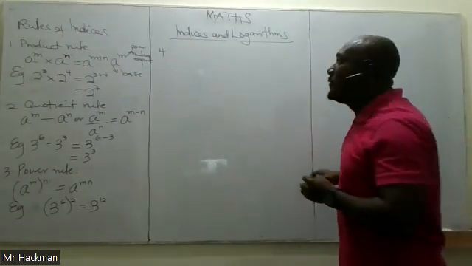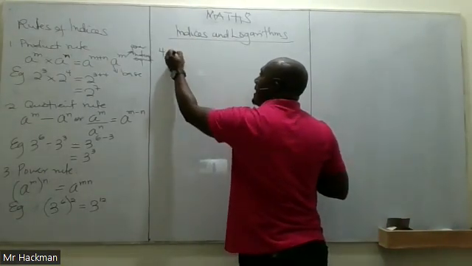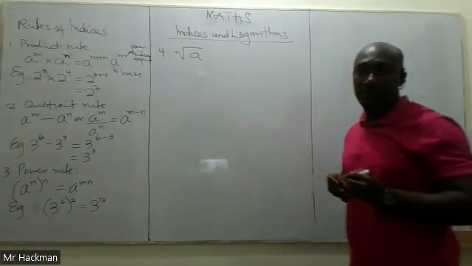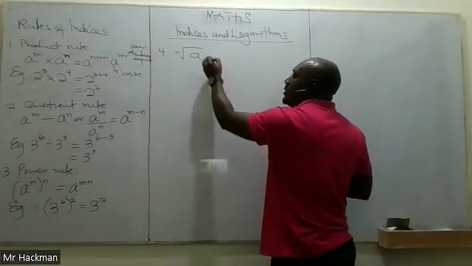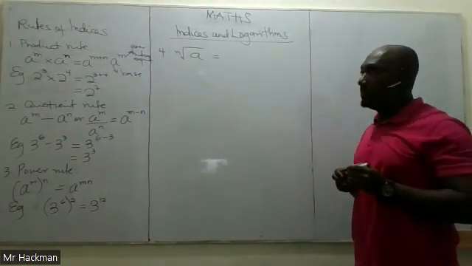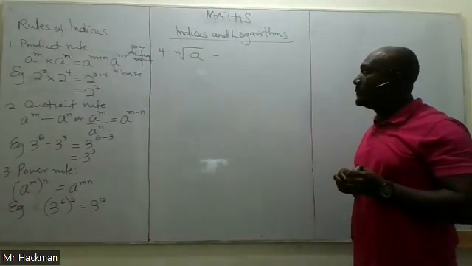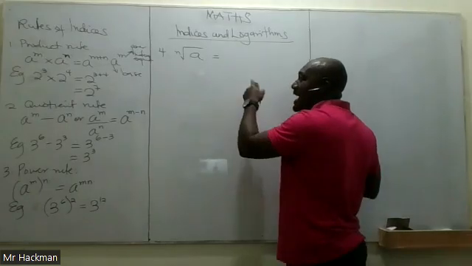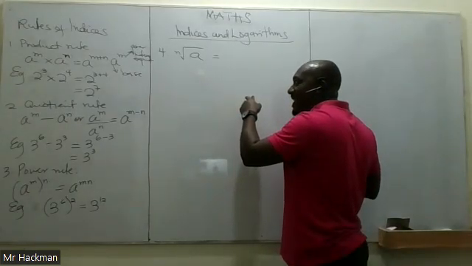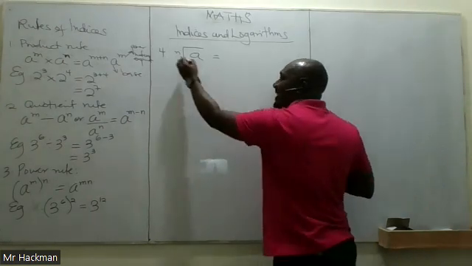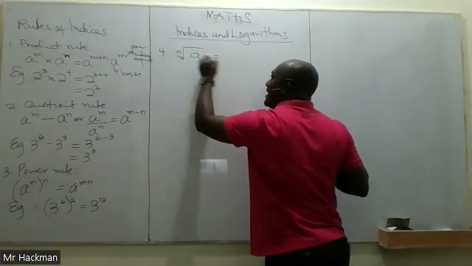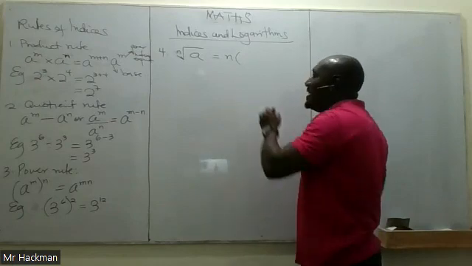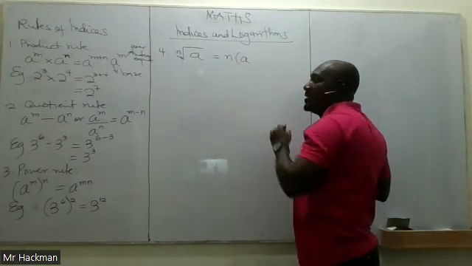Okay, if you have the nth root of A, this will be equal to, can you help me? N into bracket A, bracket close.